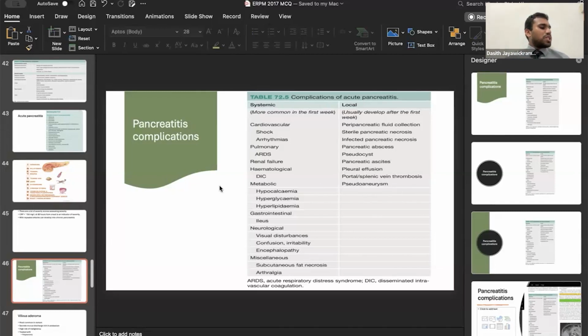Okay, so pseudocyst is a complication. Yes, it is true. It's a local complication after 4 weeks of the acute attack. Leads to chronic pancreatitis? Yes, if there's recurrent acute pancreatitis, it can convert into chronic pancreatitis. It is true. Pancreatic surgery may be required in severe cases. Yes, if there's recurrent pancreatitis that needs surgery, either to remove a necrotic segment, or if there's duct obstruction with multiple calculi, to relieve the obstruction, then we can do pancreatic surgery.